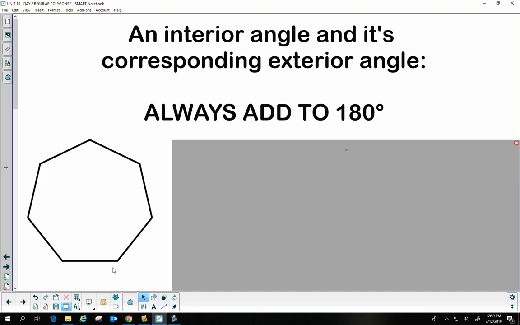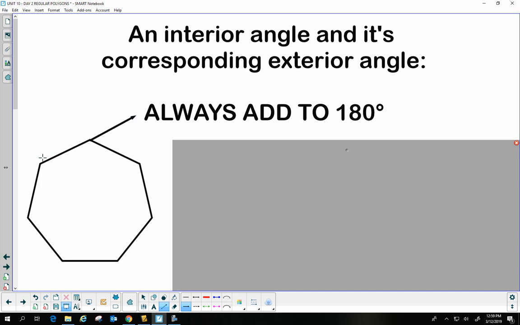So you might have noticed this fact here, and I did the same regular polygons in each, the interior and exterior, because I want you to know that any interior angle of a polygon and its corresponding exterior angle add up to 180 degrees. They are a linear pair. They're supplementary. So let me draw one here for this heptagon.